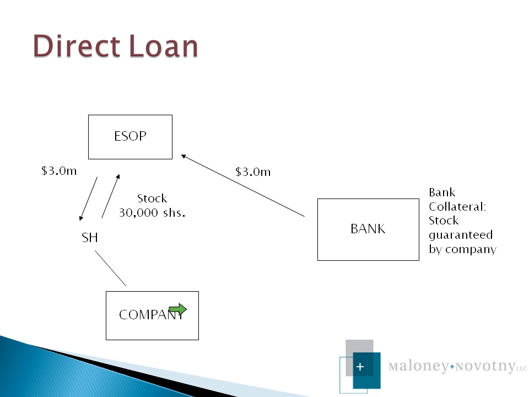We multiply those shares times the year-end valuation or appraised value per share, and that's the compensation expense. And anything above or below the original cost is driven into paid-in capital.